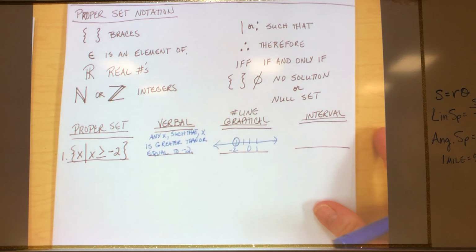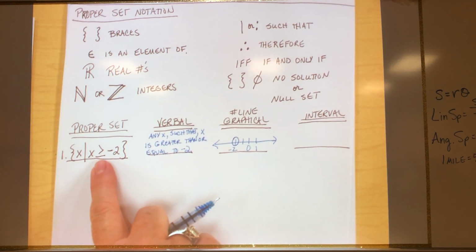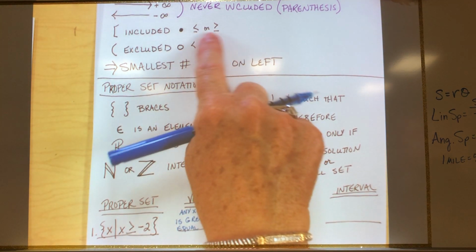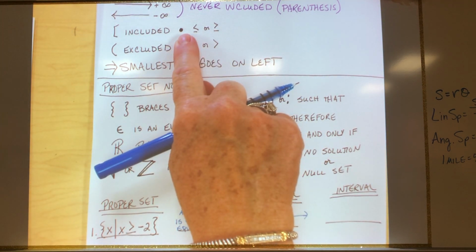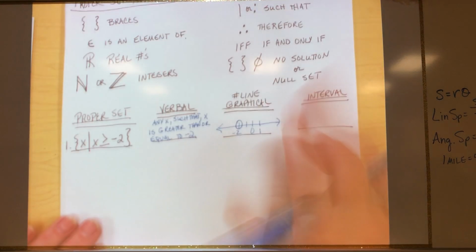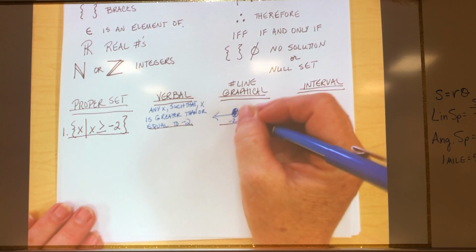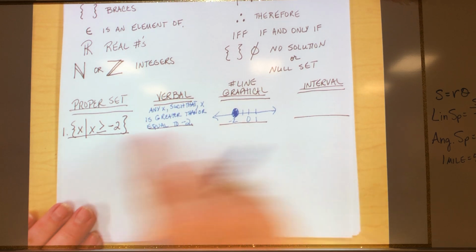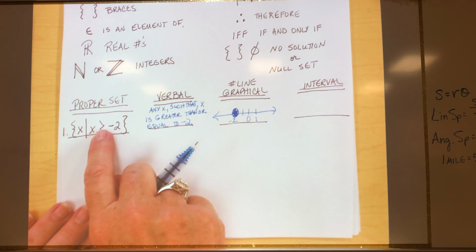No, because it doesn't have a line. Oh, it does have a line under it. That's exactly right. It has a line under it. Remember up here when we did that? When we said that's a solid dot? So yes, if it has a line under it, then that means that that number is included in my solution. If it doesn't have a line under it, you leave it hollow. It is not included. Are you with me?